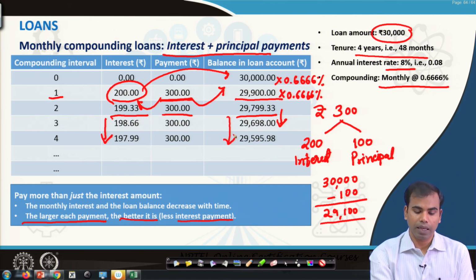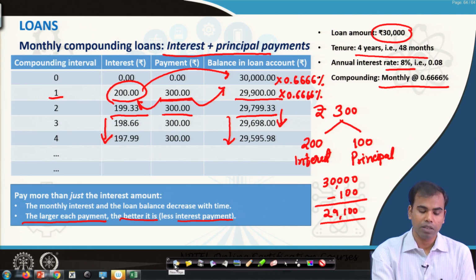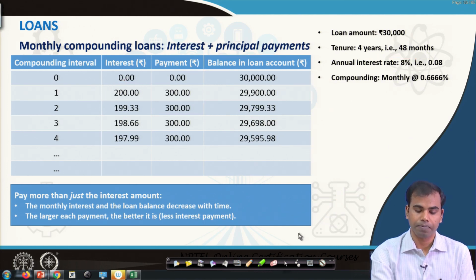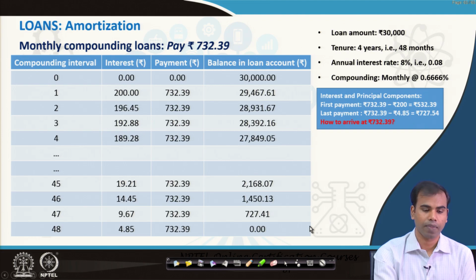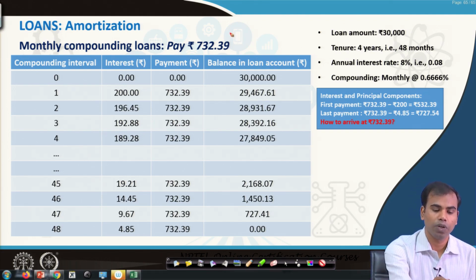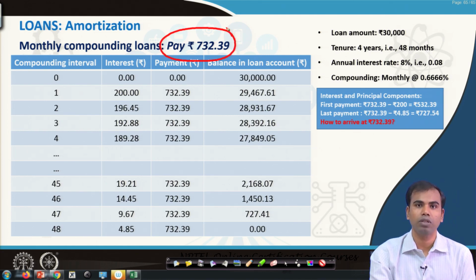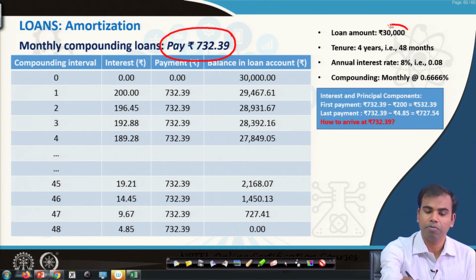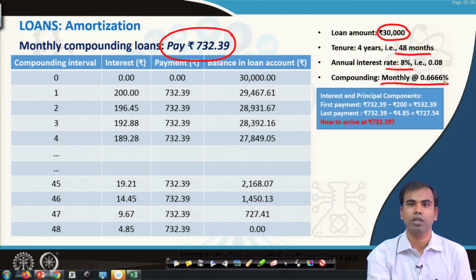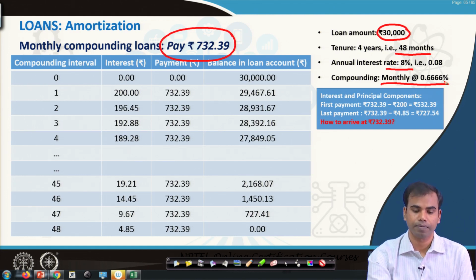Now, let us try to expand this example one step ahead. Suppose that we have a scenario where the payment amount is 732 rupees 39 paisa. The case is the same: 30,000 of loan, 4 years of tenure, 8% annual interest rate, monthly compounded at 0.6666%.